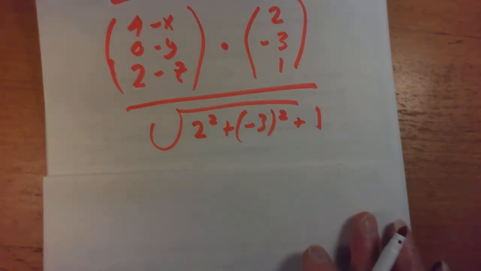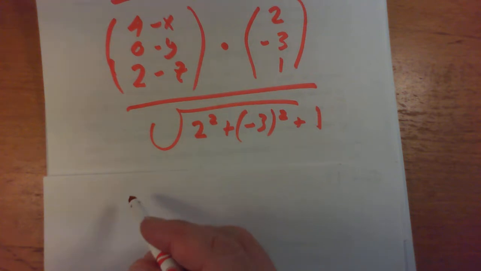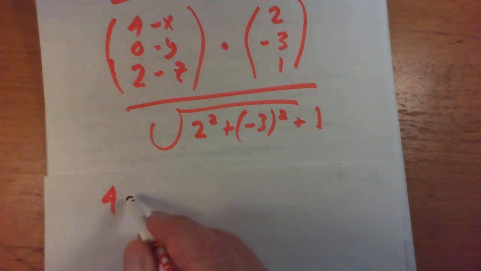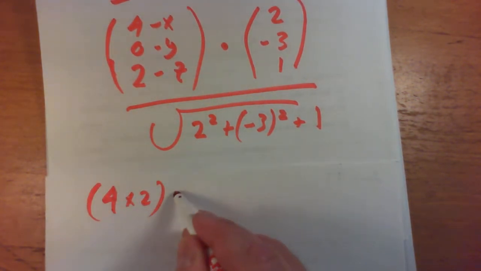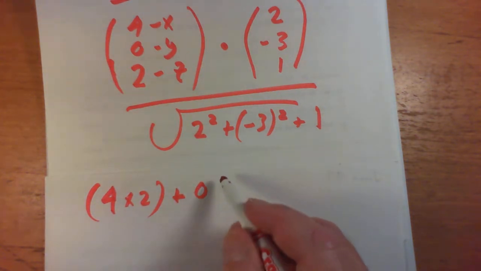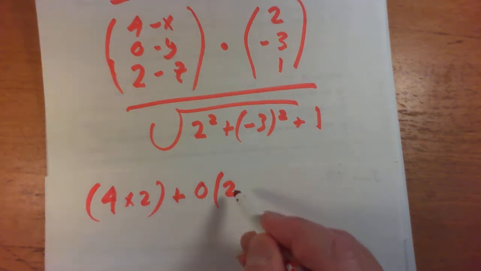Now if I expand that out, I'll take the numerals first: that'll be 4 times 2 plus 0 times minus 3, so that's just 0, and then 2 times 1.